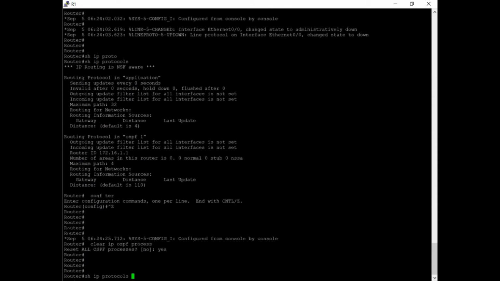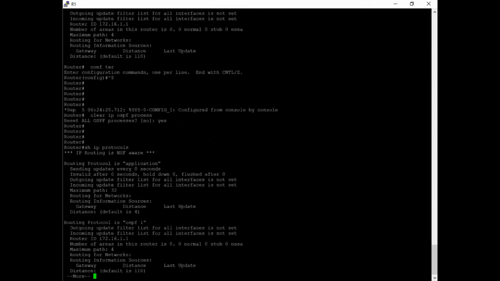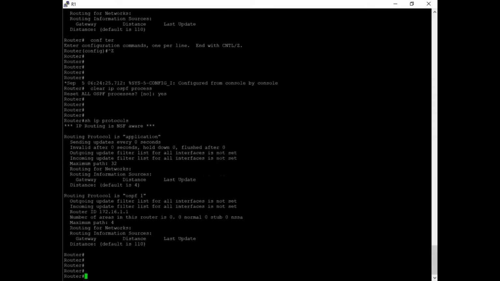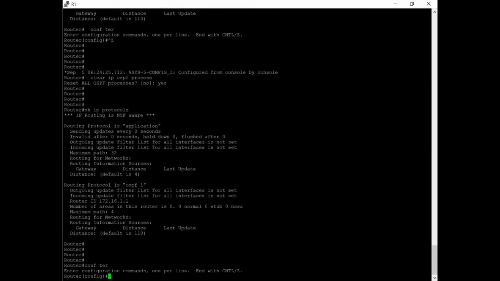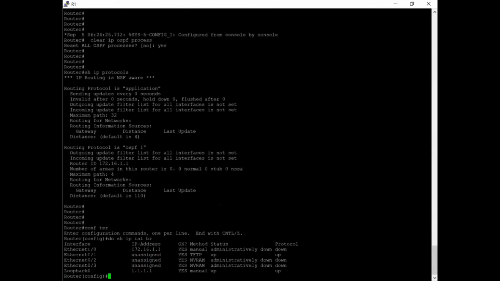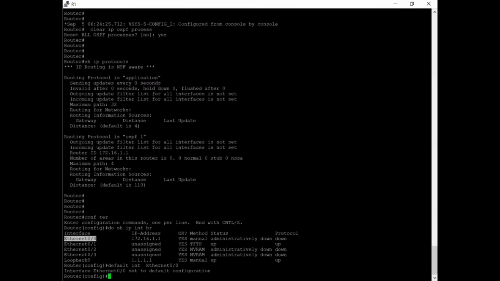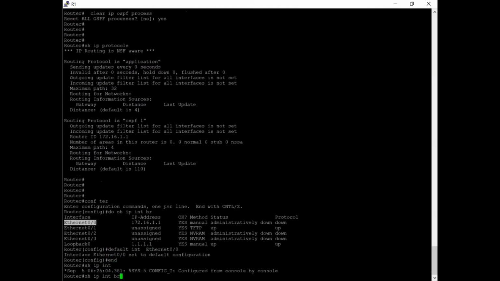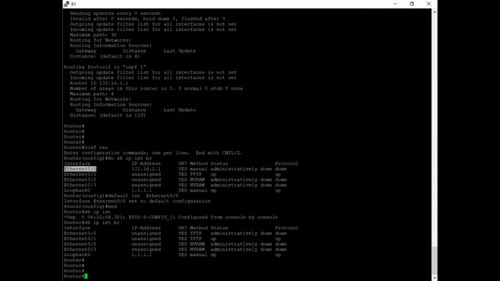Even if I do these kinds of changes, there is no change. But if I go to the configure terminal, do show IP interface brief, and particularly this interface, I put it into the default mode. It means there is no IP address for this particular interface now.